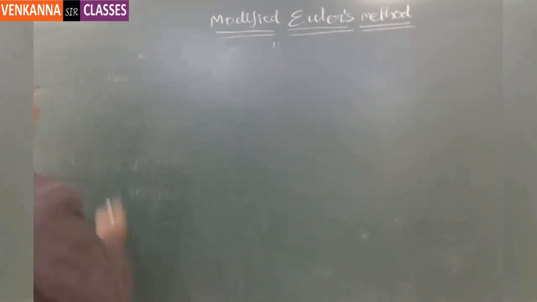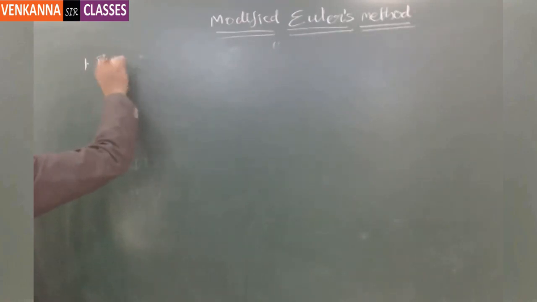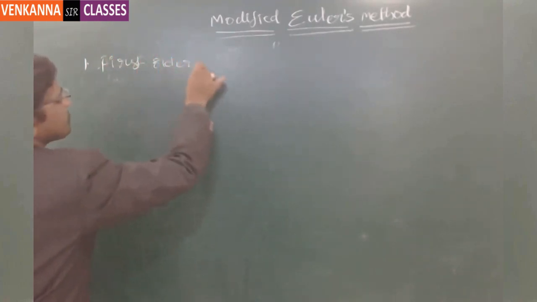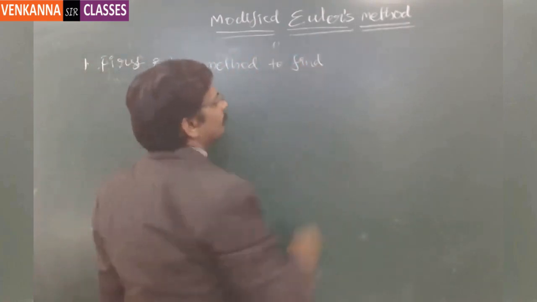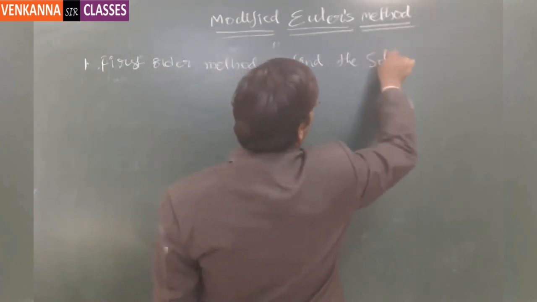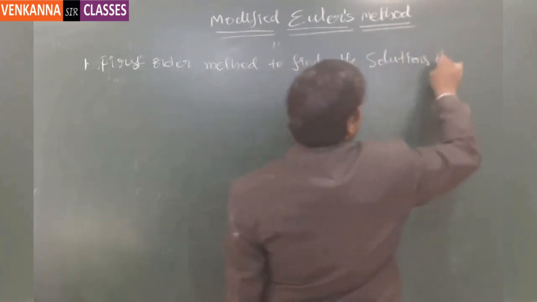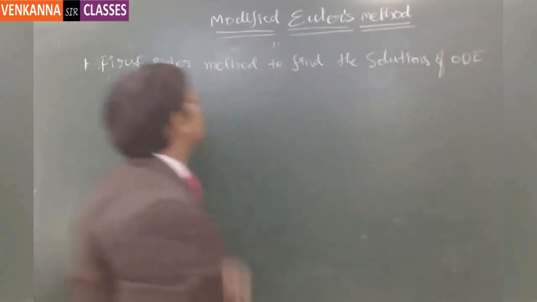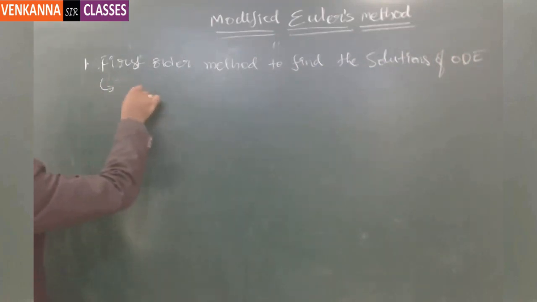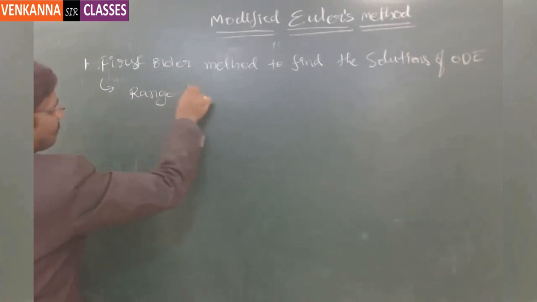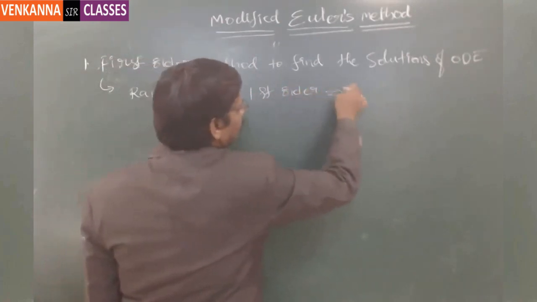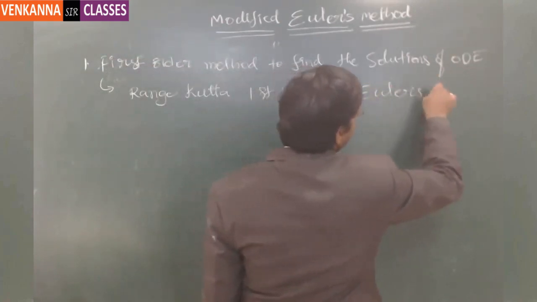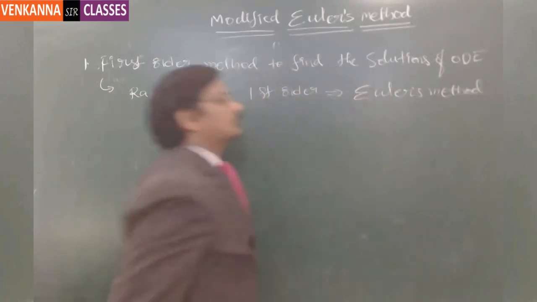The first order method to find the solutions of ODE is in general called Runge-Kutta first order, and this is Euler's method.